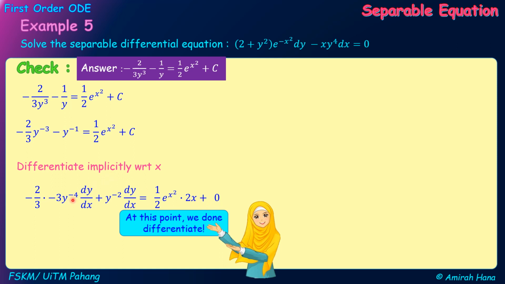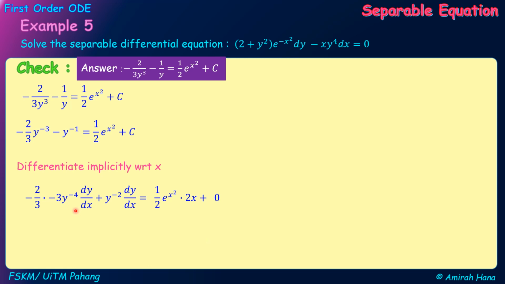Right. At this point, we are done differentiating. After that, we can simplify. 3 here and 3 in the denominator. And we can also simplify 2 here and 2 in the denominator here. Okay? And after we simplify, we get this. Negative times negative equals positive.